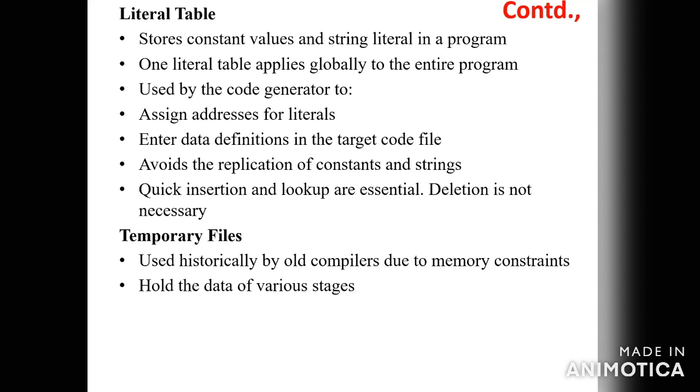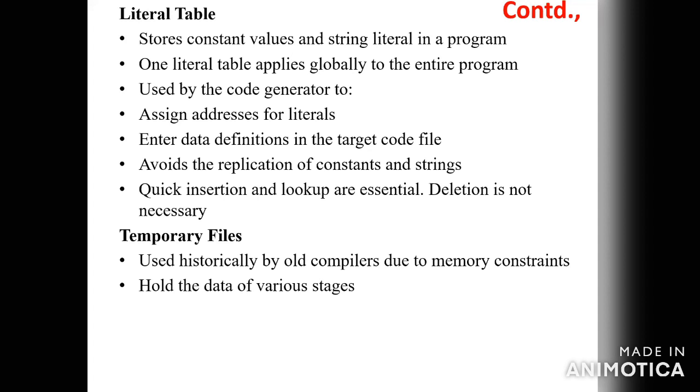So up to now, all the topics have been completed for the first unit, first module. In the first module: what is a compiler, what is a translator, what is an interpreter, differentiate between compiler and interpreter, differentiate between compiler and assembler, what are the types of assembler, then draw the language processing system, then what are the cousins of the compiler, then phases of compilation.